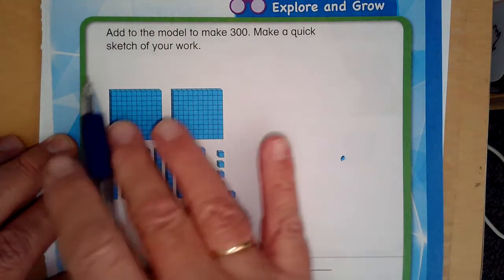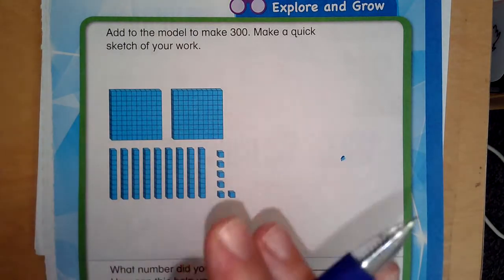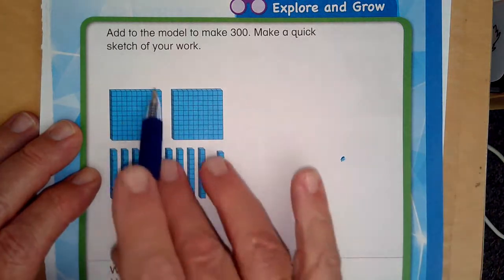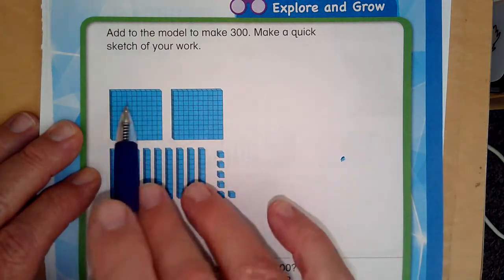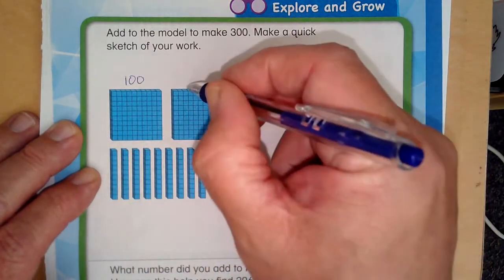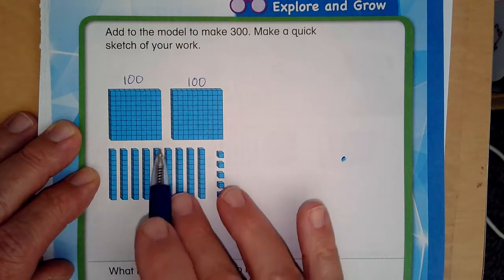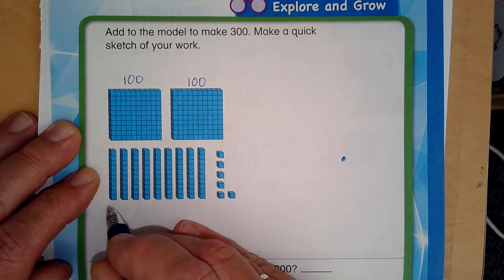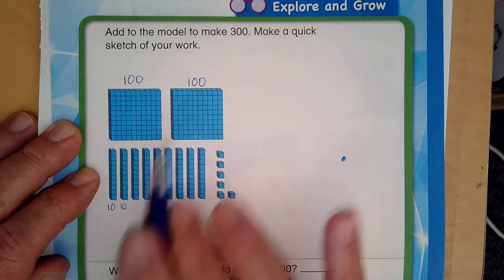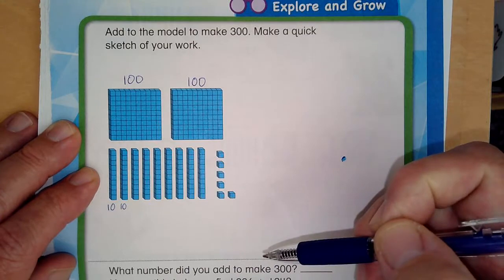Now, in order to get to 300, you have to know how many there are right now. So let's count. Each square is 100. So that's 100. This is 100. And each of these columns is 10, 10, 10. So all I have to do is count everything. And then, of course, each of these cubes is 1.